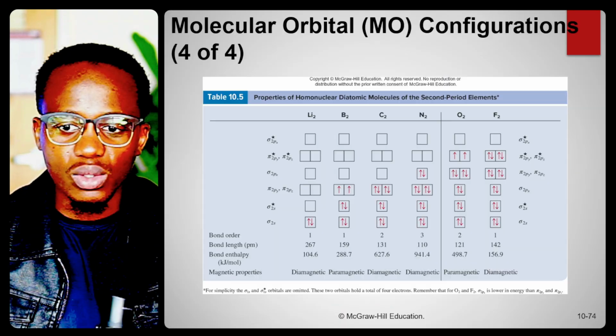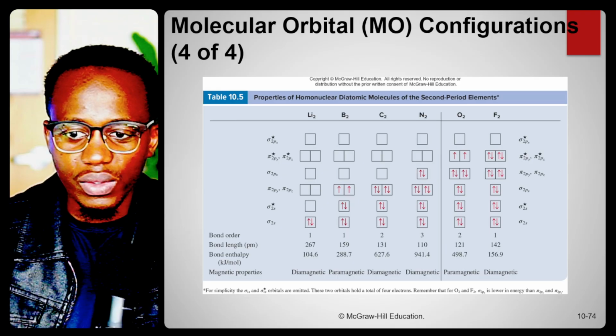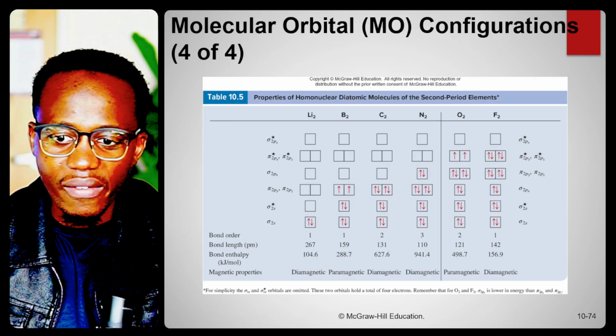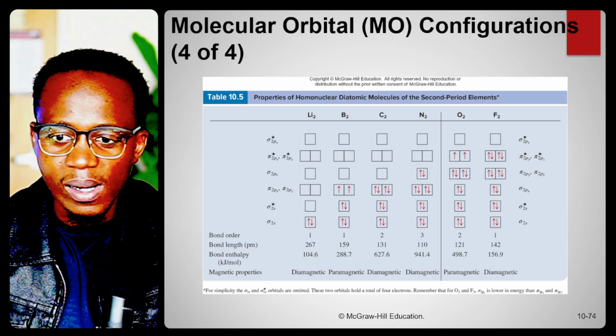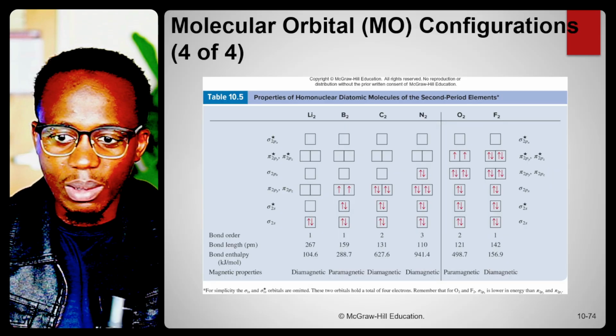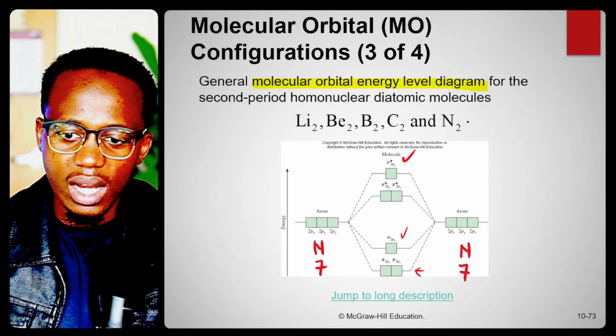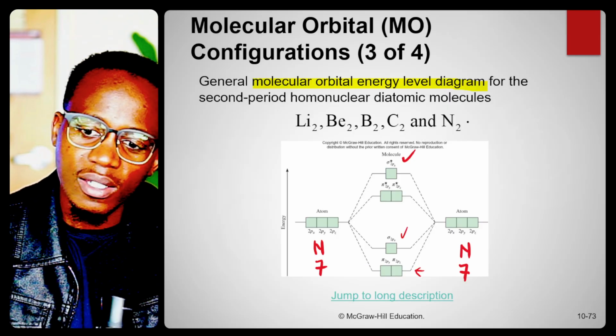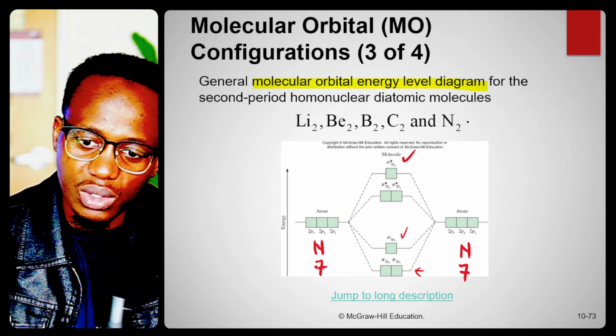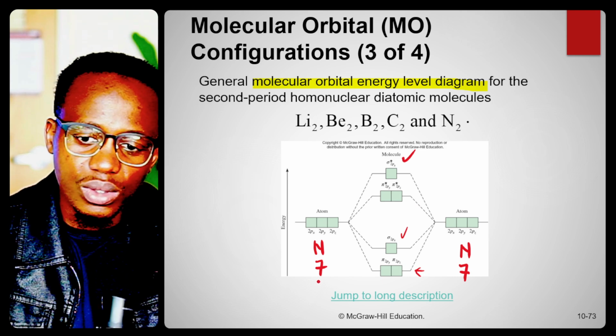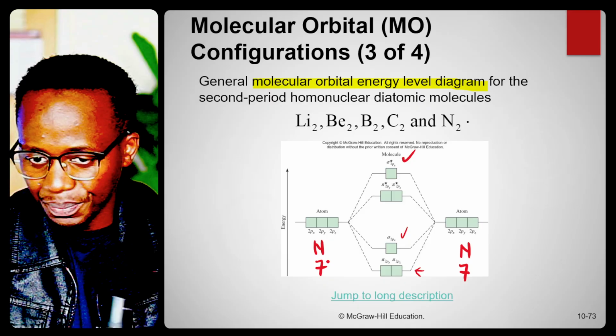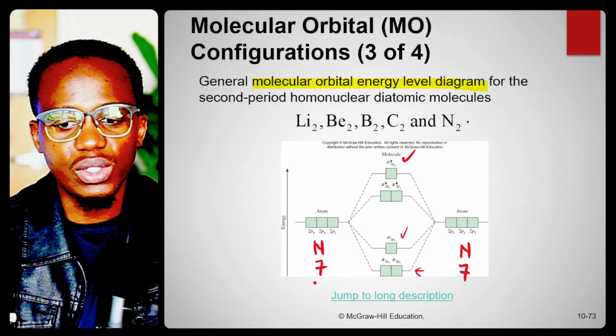I'm going to fill out all of the 7 electrons, and then fill them up on N2. And if you remember how N2 combines, it doesn't combine all these 7 electrons. The valence electrons are what on N? Do you remember what the valence electrons are on N?